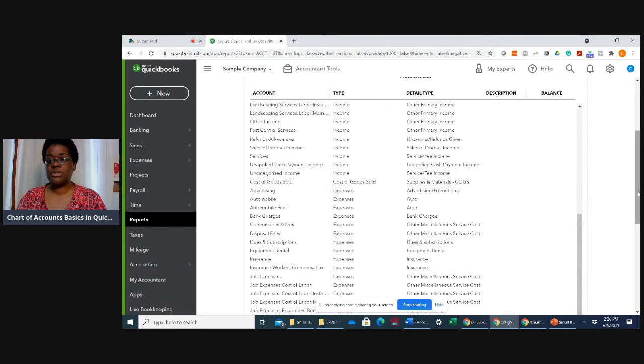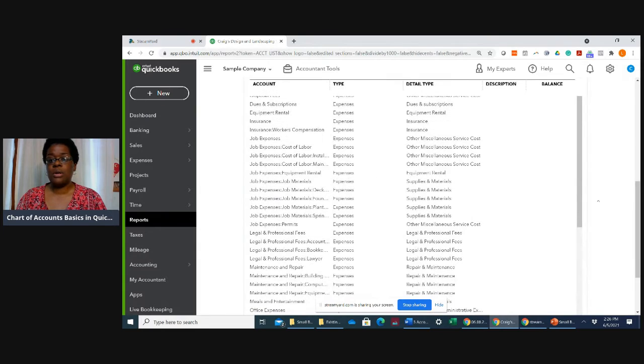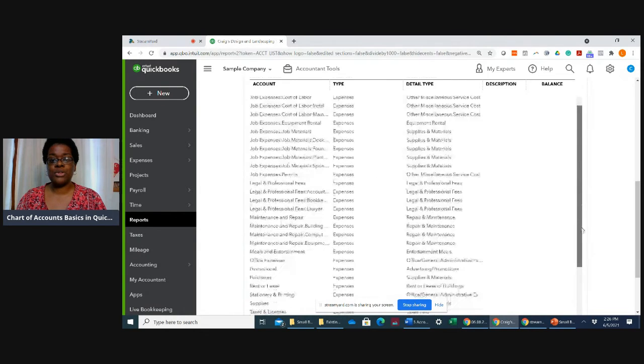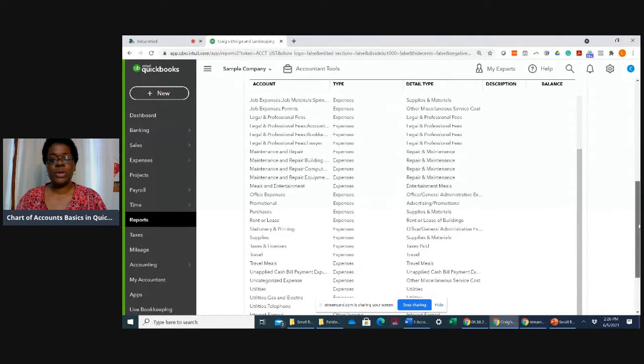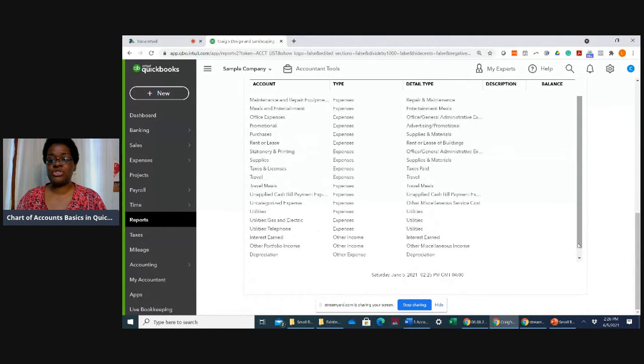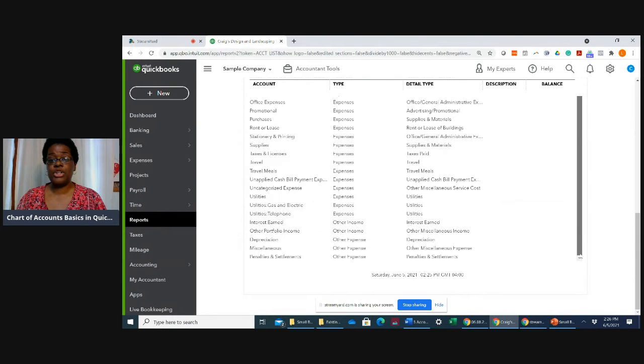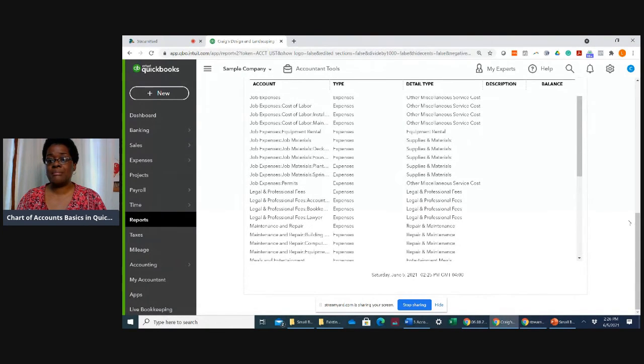As your business grows, your chart of accounts will probably get more complex, which is fine. And of course, you don't want tons of accounts because it makes your reports very cluttered. However, you do want the details so you can make good business decisions.